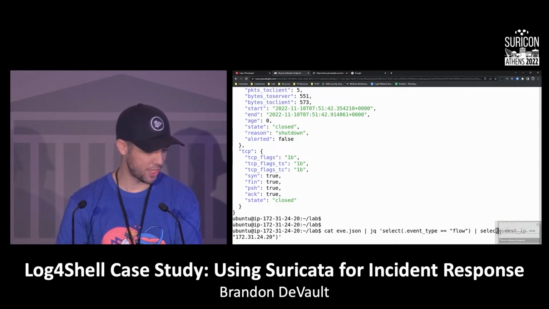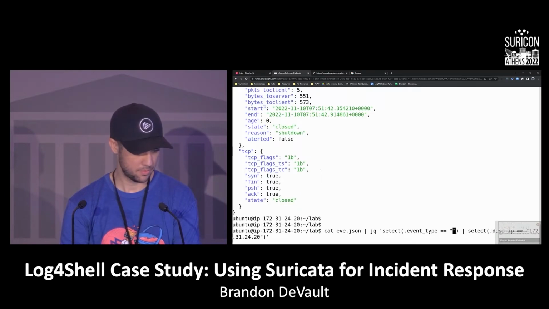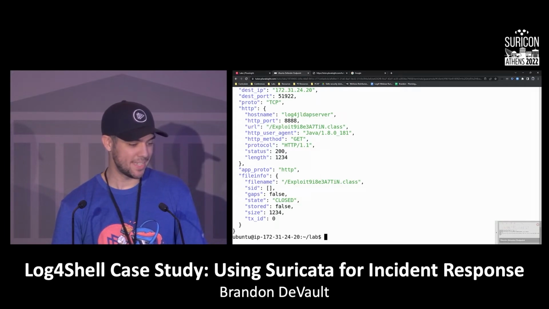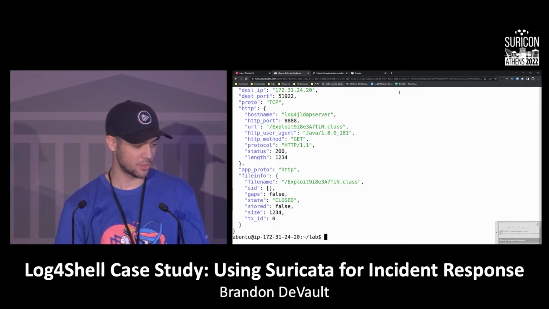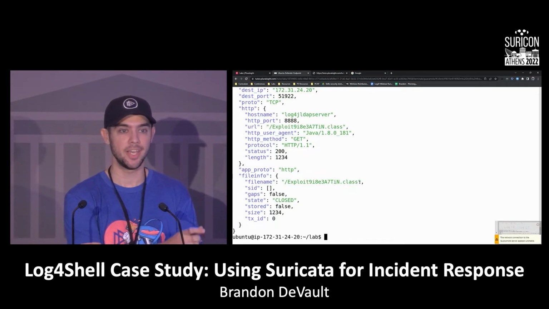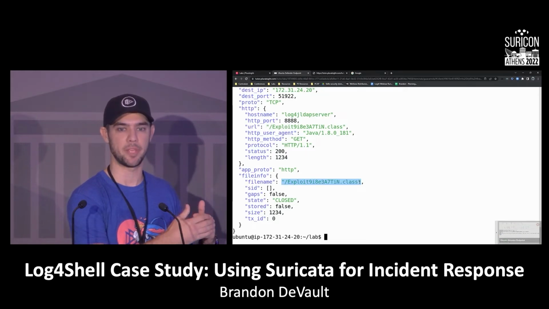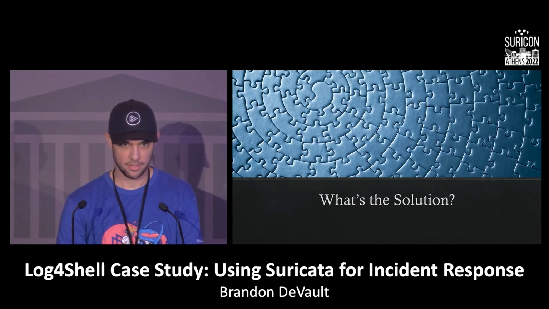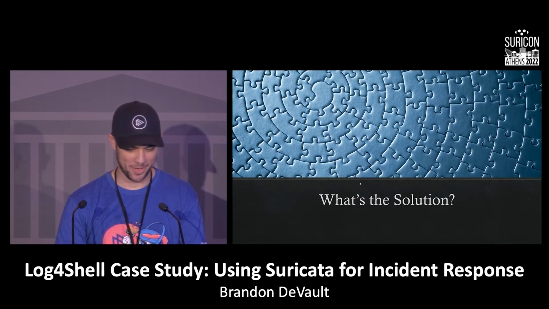And then I'm going to change the event type to that file info. What you can see here is where the Java class was actually delivered to our vulnerable application. So that's the Java class code information that included the instructions for it to be able to execute system commands. All right, lots of artifacts. I know that was quick.